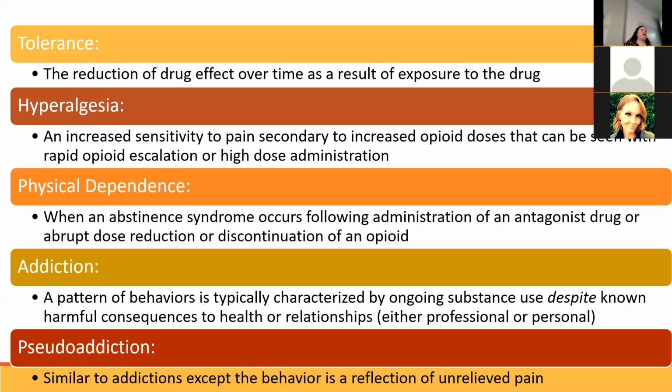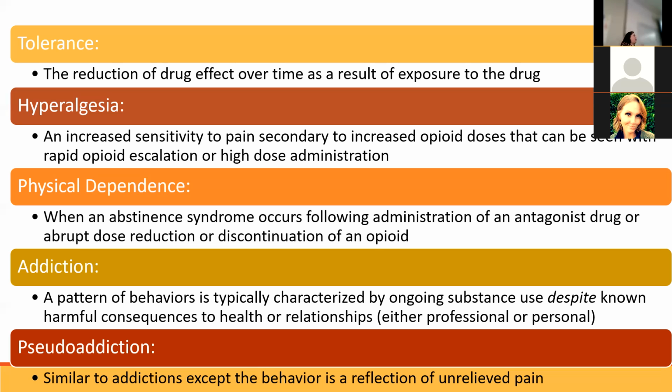Addiction is when we get into the pattern of behaviors of ongoing substance use despite the fact that they know there are harmful consequences to health and relationships. They know they shouldn't be doing it, they know there are negative consequences going on in their life from it, but they can't not do it.